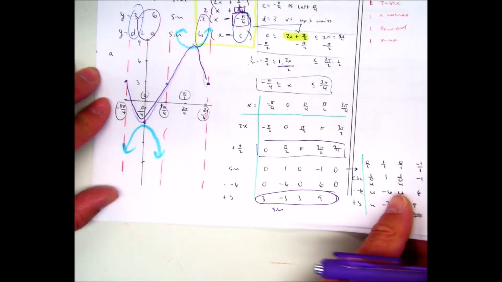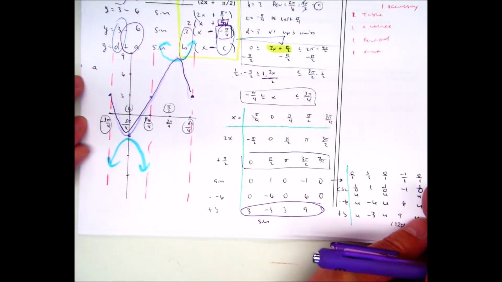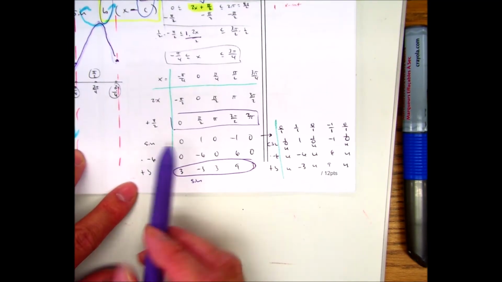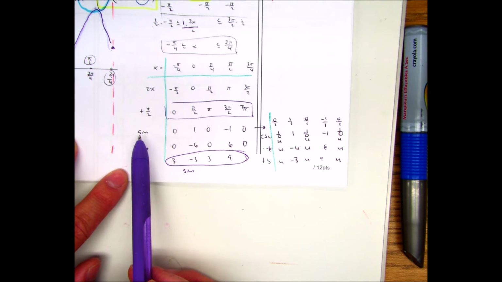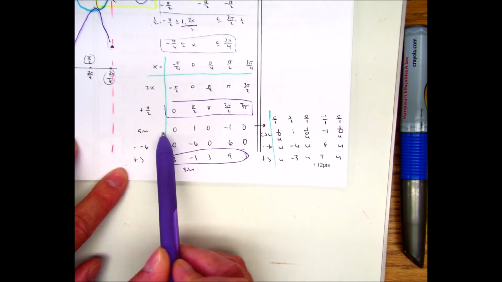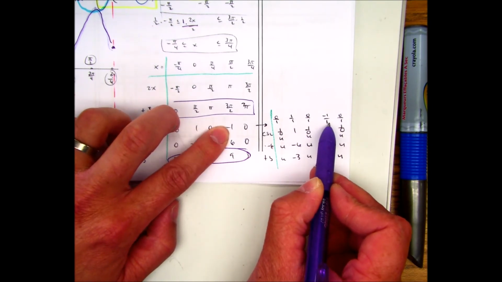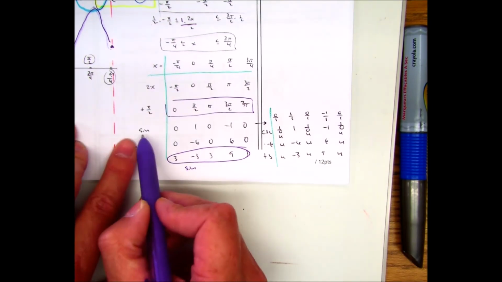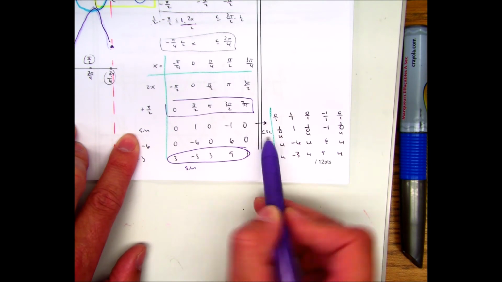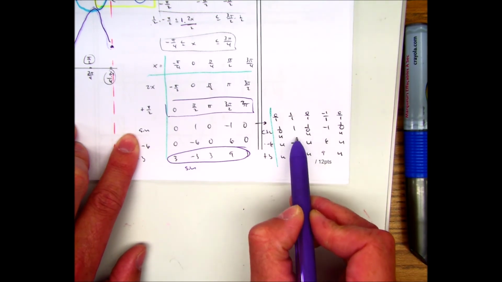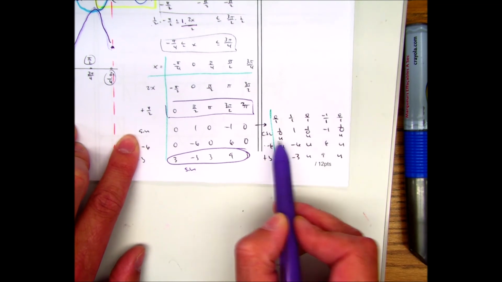Okay? Now for the students who are using cosecant in the table of values, this is where I think you should have gone. The inverse: if you take these, this is 0 over 1, 1 over 1, 0 over 1, negative 1 over 1, and 0 over 1. And then if you change sine into cosecant, you're going to get undefined, 1, undefined, negative 1, and undefined, and then you do the same thing.